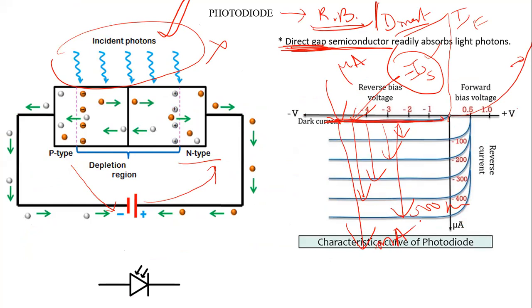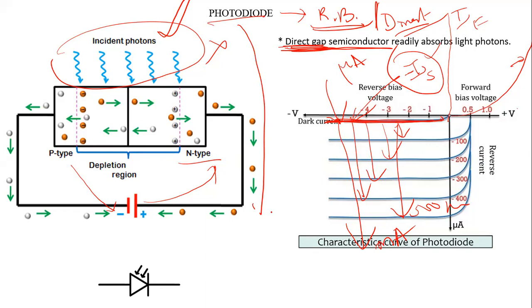So this type of semiconductor, which is made up of direct bandgap semiconductor, when connected in reverse bias and illuminated with light radiation, can significantly alter the reverse current, the current passing through the diode in the reverse direction. Okay, so these kinds of diodes are called photodiodes.